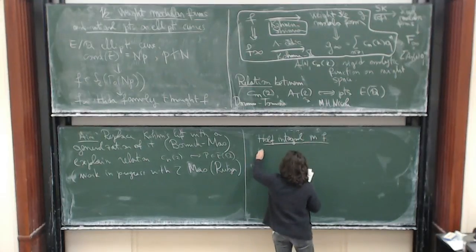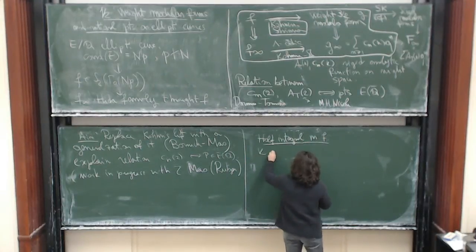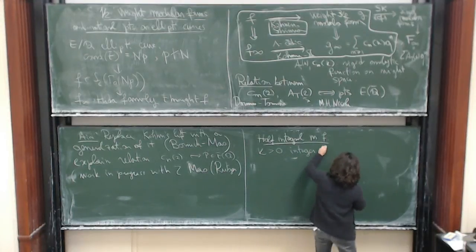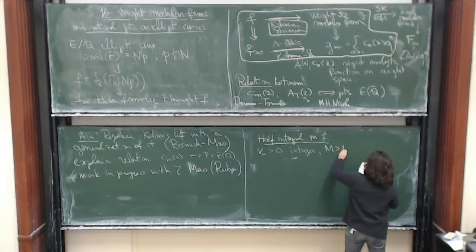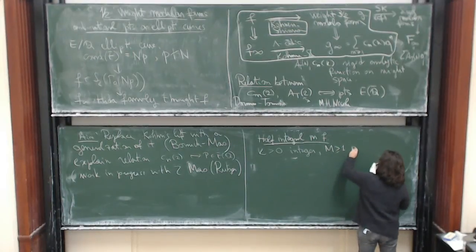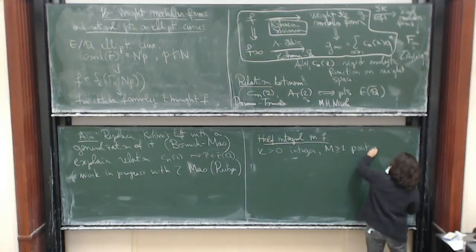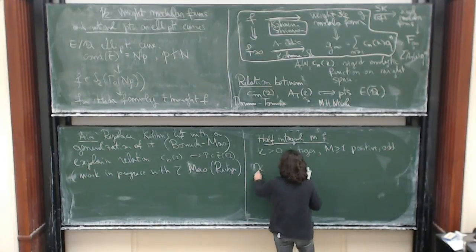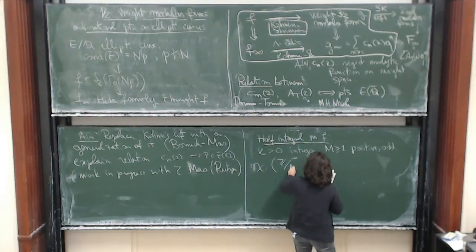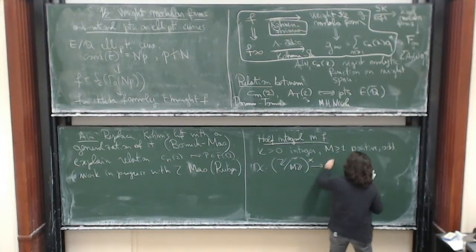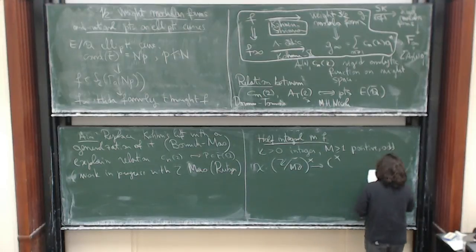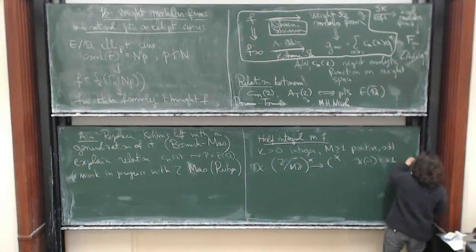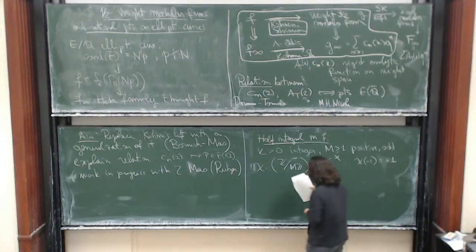For this, we fix an integer k, non-negative, and we fix an m, a positive odd integer, and fix a character chi, a Dirichlet character mod m, such that chi of -1 is equal to +1. So we require this condition.